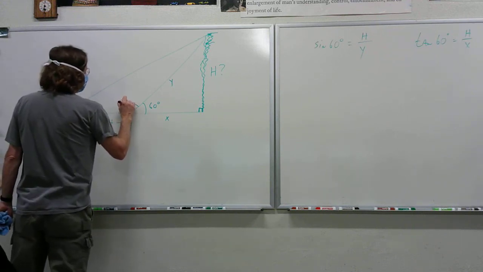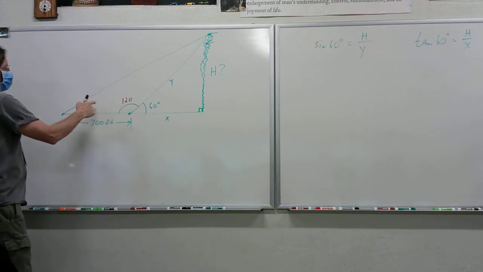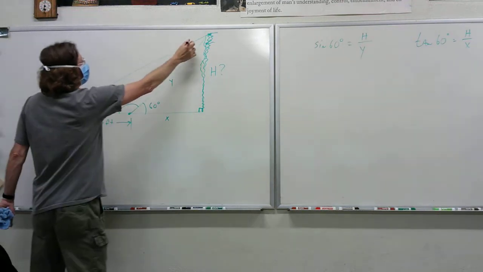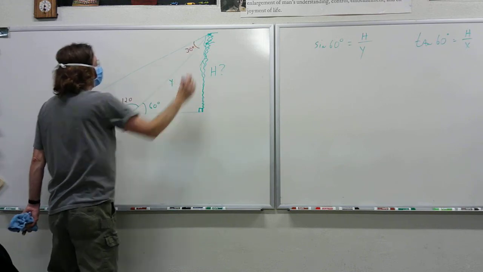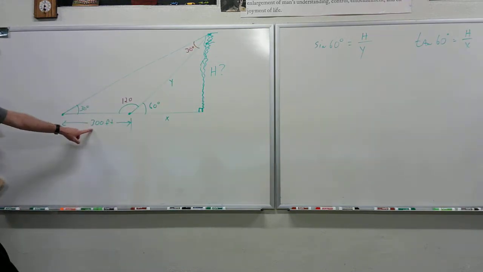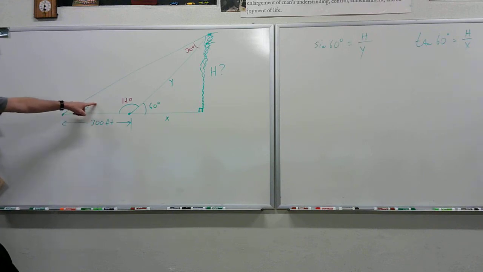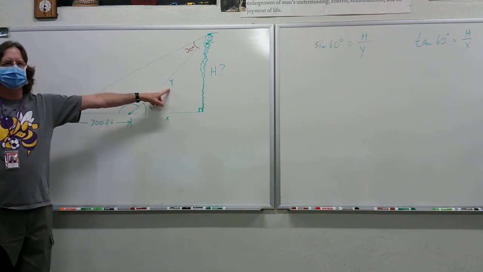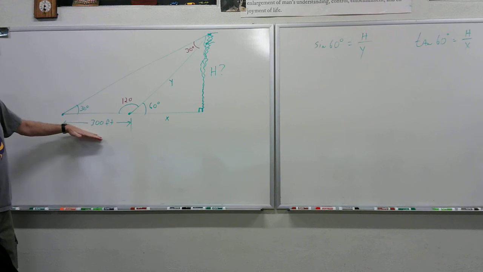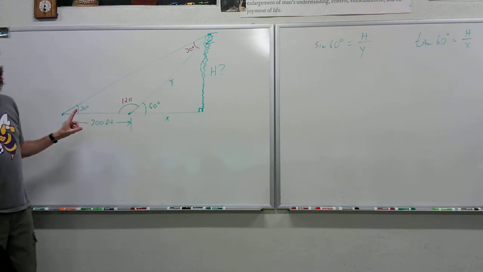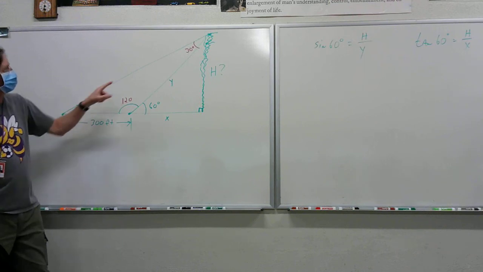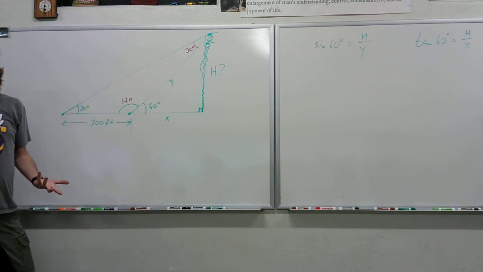That's 120. Well, if that's 120 and that's 30, oh gosh, that means this is just what? 30. Well, if that's 300 and that's 30 degrees, how much does y equal? They're both opposite, okay? The drawing's not very accurate, but if that's 30, that's 30, they're equal to each other, aren't they?